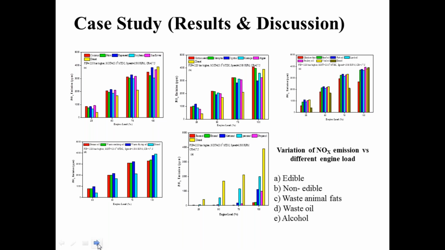NOx increases with increasing engine load for all tested fuels, and it can be observed that NOx emission depends upon the temperature of the engine cylinder, percentage of oxygen, and the time taken for reaction to take place during combustion. The most affected NOx emission, out of these five categories, is soybean, then jojoba, then chicken fats and grease oil, and the last is alcohol, butanol. Please, next.